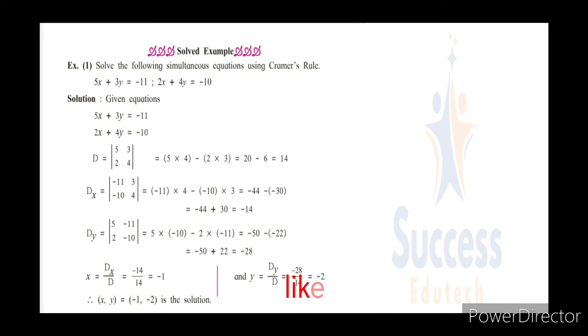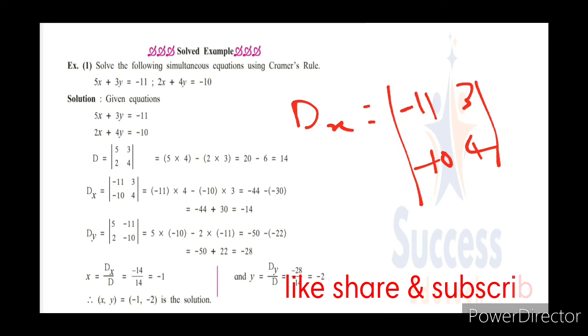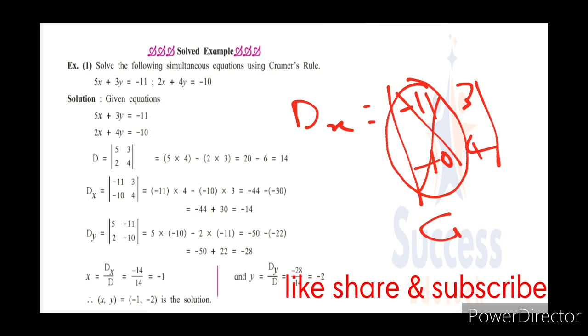Now for x, that means for dx, we simply replace the x element by the c values. यहाँ पे क्या कर रहे हैं, x की जो भी वैल्यू है वो किससे रिप्लेस कर रहे हैं, c की वैल्यू, यानी a की जो भी वैल्यू थी वो निकाल के उसके जगह हम क्या रख रहे हैं, c1 c2.